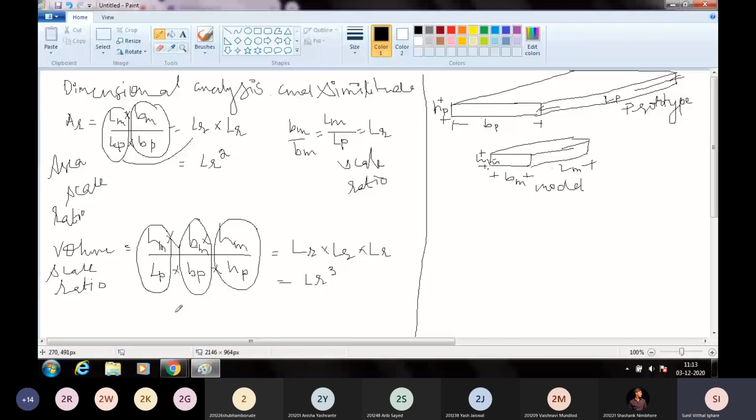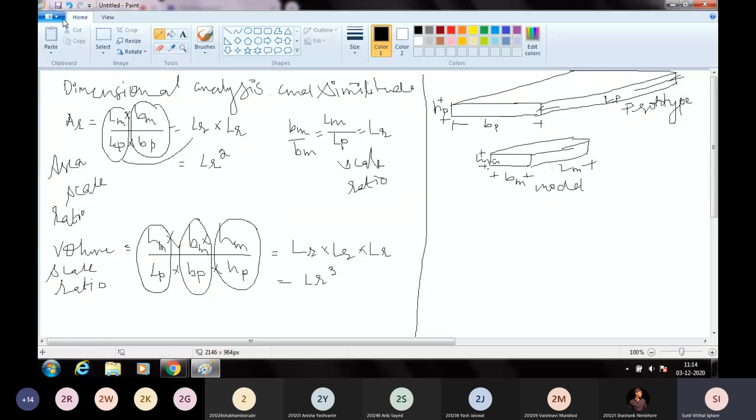Next is kinematic similarity. In case of kinematic similarity, we write down the kinematic scale ratios in terms of velocity and acceleration. The same thing, but you just change the data to velocity and acceleration. After that, dynamic similarity we have seen. Dynamic similarity is nothing but in terms of forces.